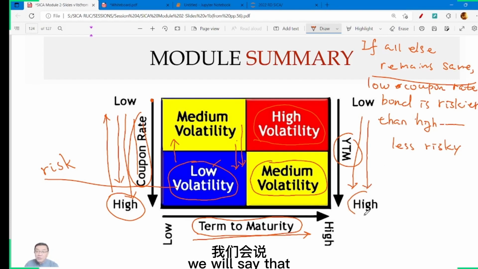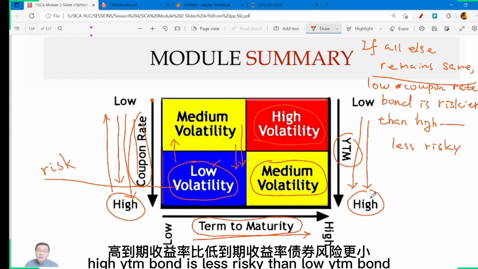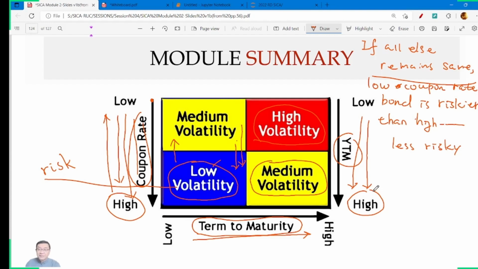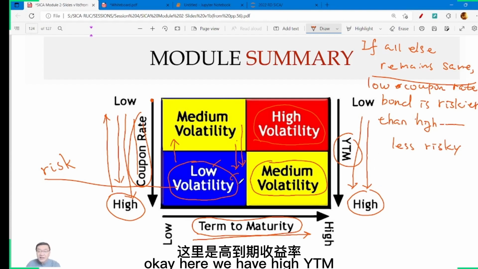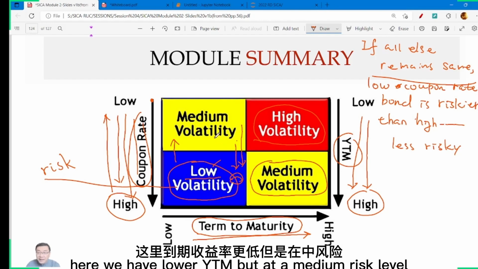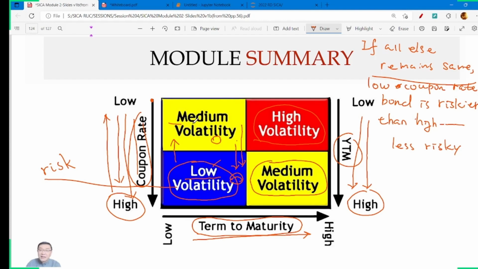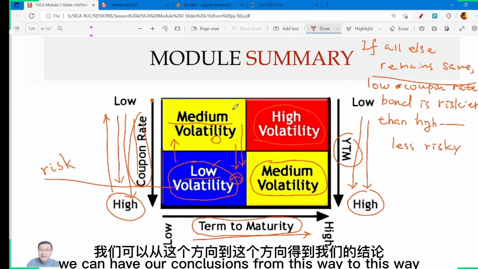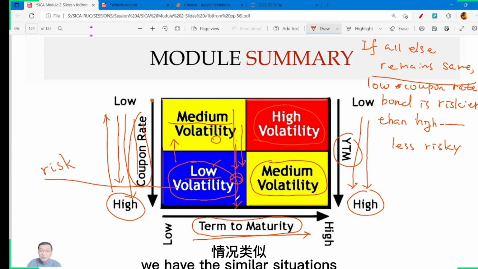We will say that high YTM bonds are less risky than low YTM bonds. Here we have high YTM, but at a lower risk level. Here we have lower YTM, but at a medium risk level. So we can draw our conclusions from this way to this way. We have similar situations from this way to this way.